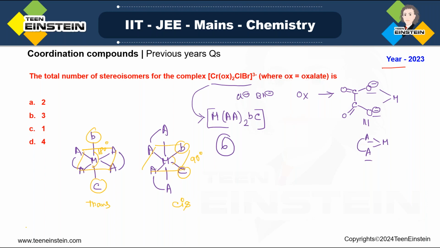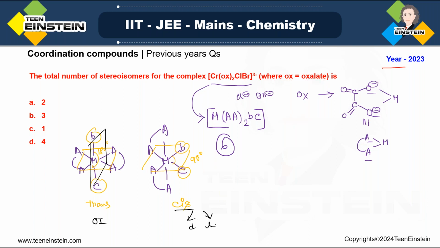Now in the trans, these two geometrical isomers are possible, but is it the only possibility? Is 2 the answer? Actually 2 is not the answer, because if you cut the molecule by this plane, which is perpendicular to the plane where all the 4 A are present, both halves are actually the same, so this is optically inactive, OI. But the cis, you cannot find any symmetry plane, so if you consider its mirror image, then these two are non-superimposable on each other. So that is why here we will get 2 optically active isomers.